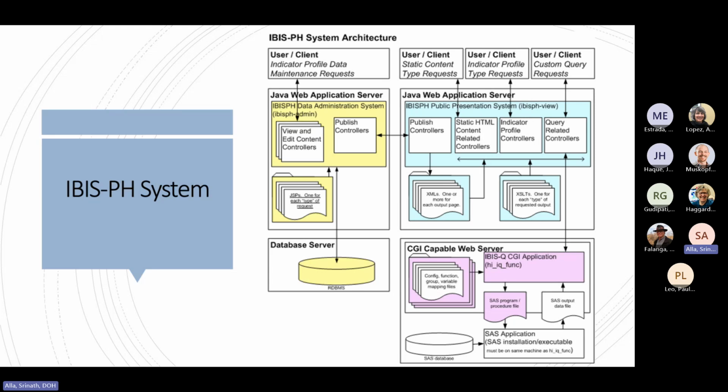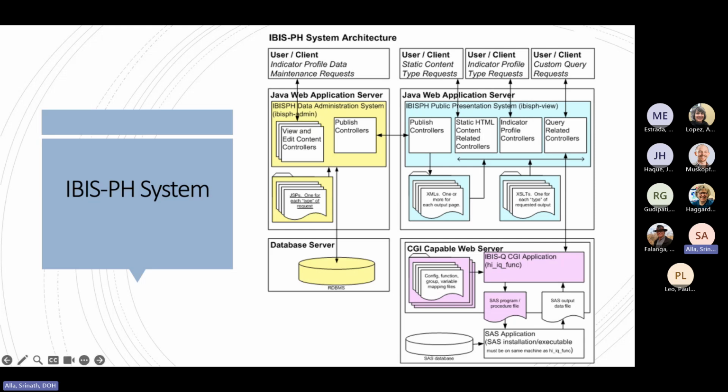When they hit the publish option, the data will be converted into an XML and stored on the server. Whenever the user wants to look at the data related to a particular indicator, the view application won't directly access the data from the database.